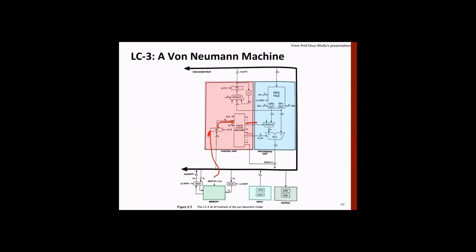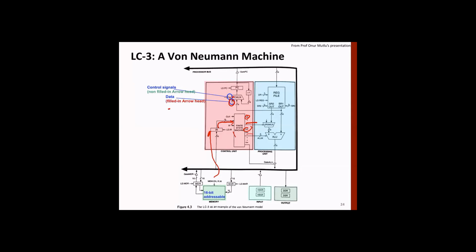Remember that something shown as a non-filled arrow is a control signal, and something shown as a filled arrow is data movement. So based on the instruction, it will generate control signals. That's what we have already discussed.